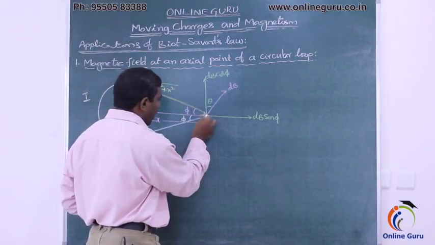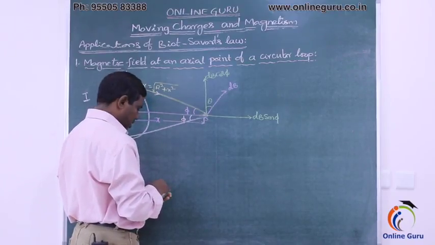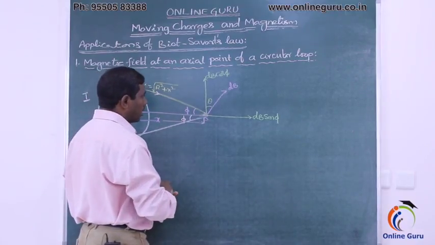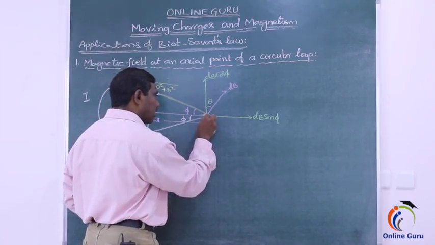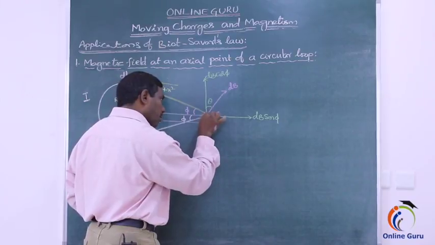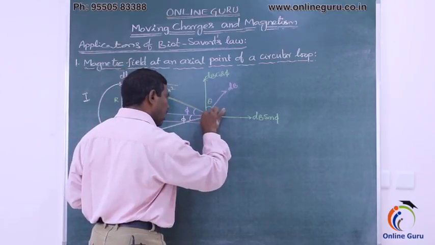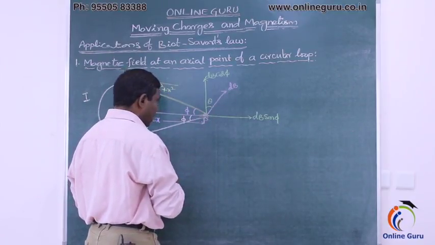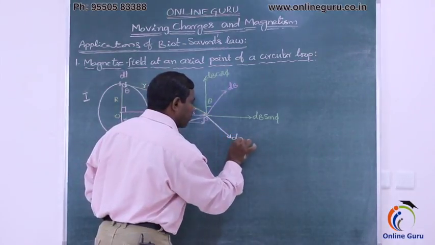When it makes an angle of phi, we resolve it into two components. One is the magnetic induction due to the other current element, represented as dB dash.